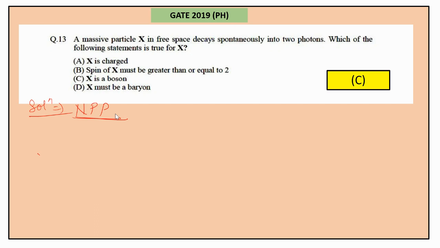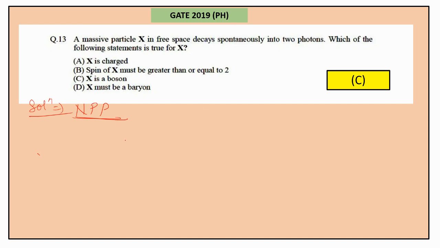Like, which statement is true for X? Just read the question and tell me. I mean, the answer is given, it is C. C is the answer. But why is it C?